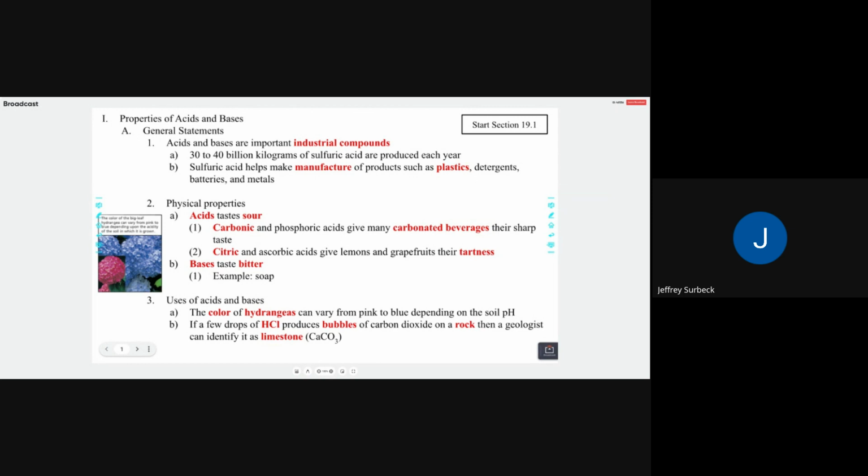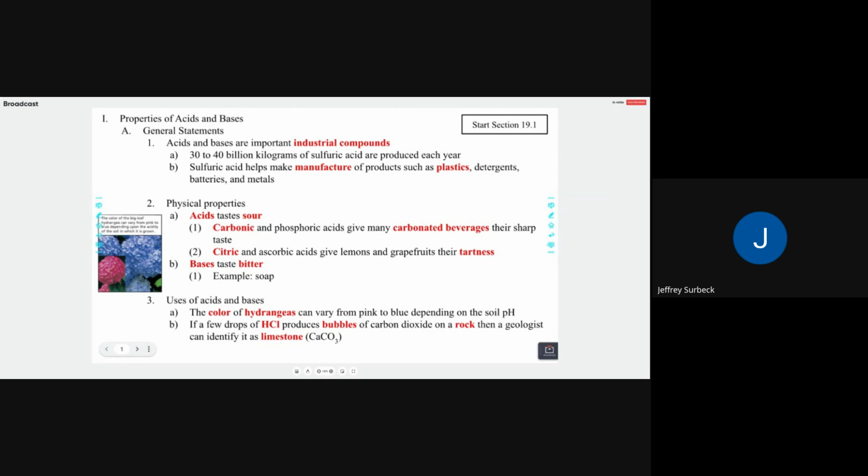Citric acid, in our oranges and our apples, again has that sour taste. Bases, on the other hand, are bitter. Now, I definitely wouldn't suggest eating that soap.